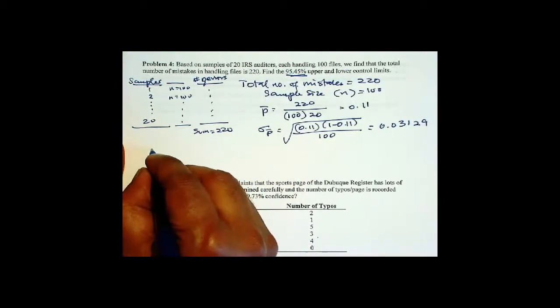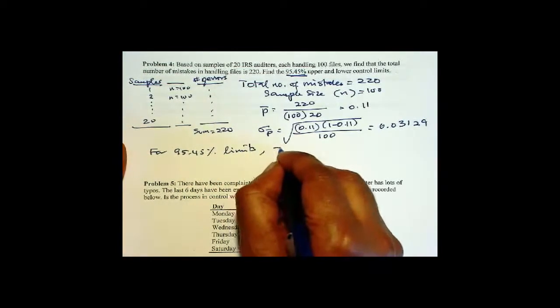So now we want 95.45% limits. For 95.45% limits, z is 2.